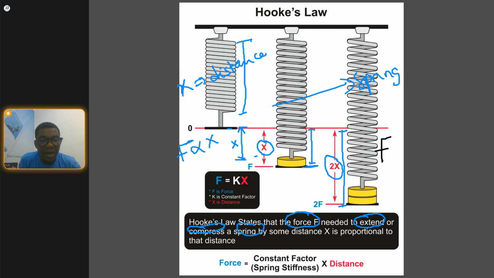So if F is directly proportional to x, introducing the constant k, F will be equal to kx, where k is a constant, F is force, and x is the extension in the spring.